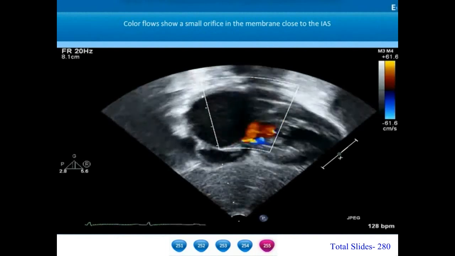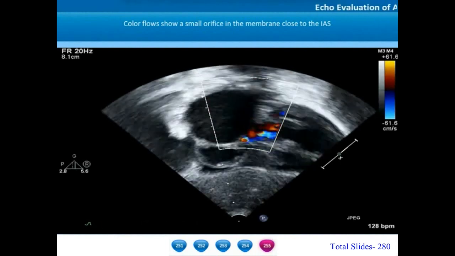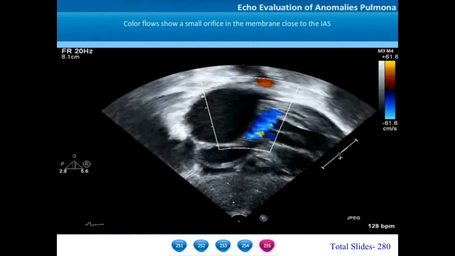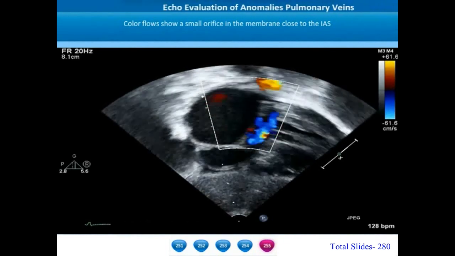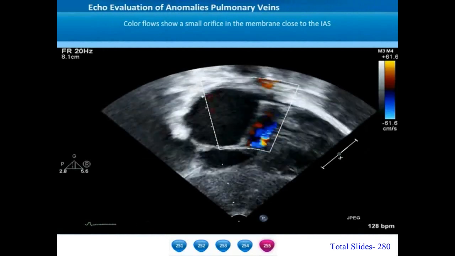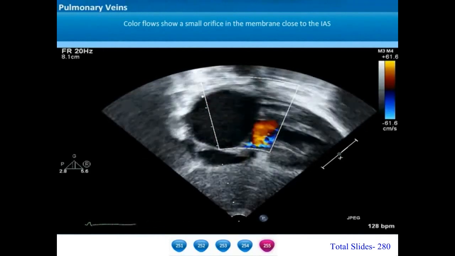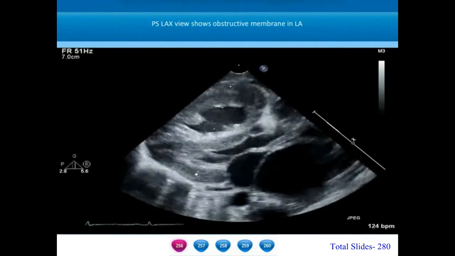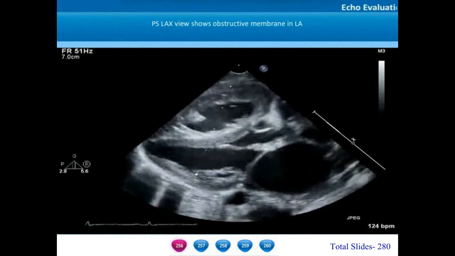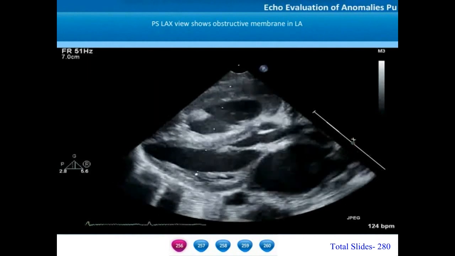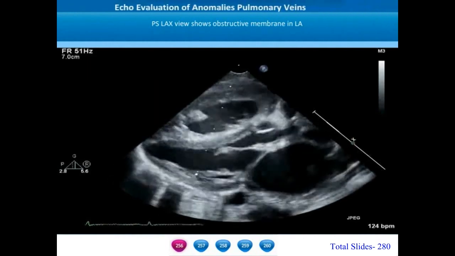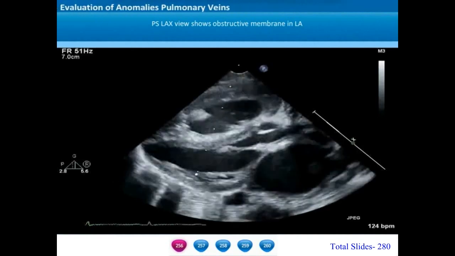Color Doppler shows that the orifice in the obstructive membrane is very close to the intraatrial septum, and the entire pulmonary venous return is coursing through this small orifice from the upper chamber into the lower chamber of the left atrium. On a parasternal long axis view also, this membrane is very clearly visible. The upper chamber of the left atrium is large and dilated due to higher pressure, and the lower chamber is in close relation to the mitral valve orifice.